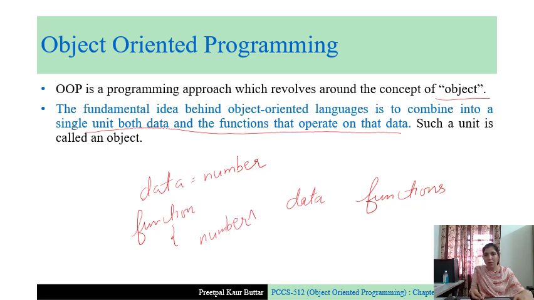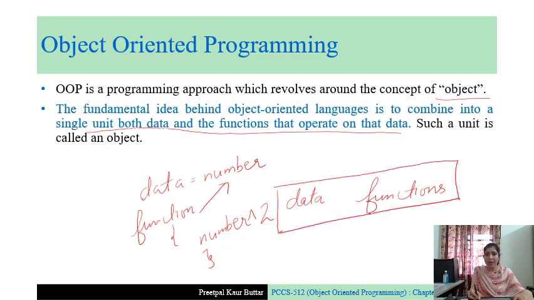Okay, so the function is operating on this data. So the object is an entity which binds together these two things, the data and the functions which operate on the data. Such a unit is called an object.